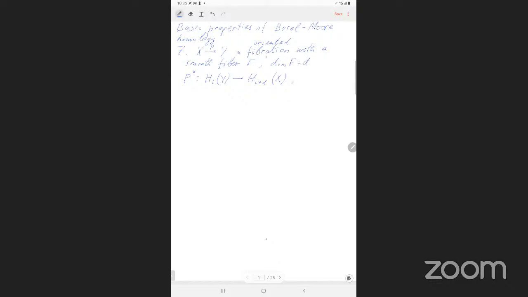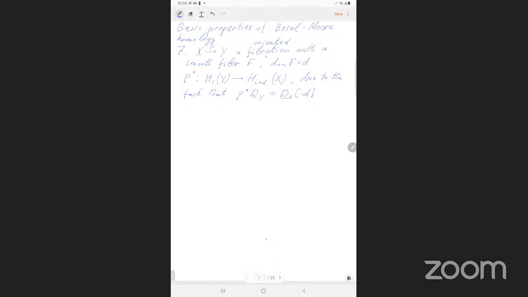And this is due to the fact that the pullback of the dualizing sheaf on Y is the dualizing sheaf on X shifted by d in the positive direction.